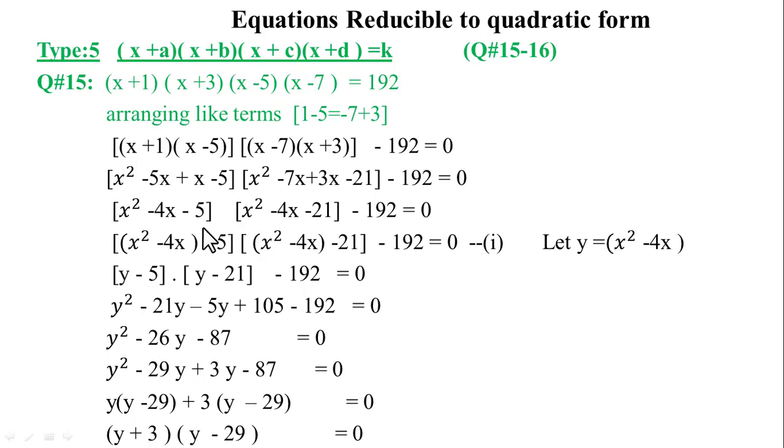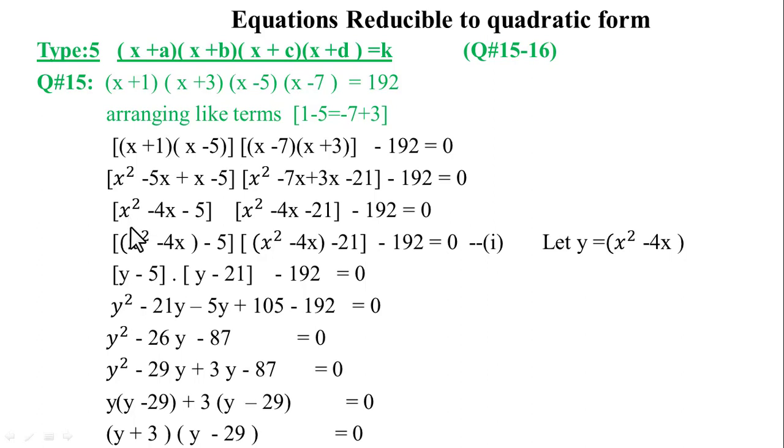In this equation, we can see that the first two pairs have the same values, x square minus 4x and x square minus 4x. So let us consider it as another variable. Here let y be equal to x square minus 4x.